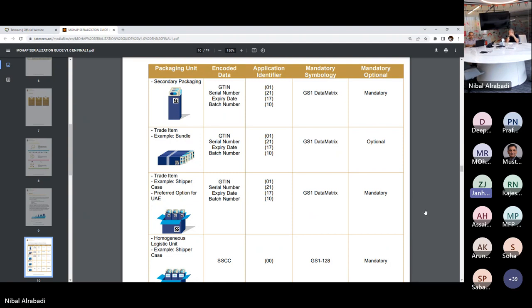I'm very sorry, but in this case, how would we be able to resolve it? Is it just changing the aggregation method on BrandSync and resharing on Tatmeen? No, not changing. For example, if you already have a product on BrandSync and it's a single secondary pack, and you have a shipper case of 10 of this product, it's always 10, then you have to create a new record on BrandSync, a new G10, new product data information.